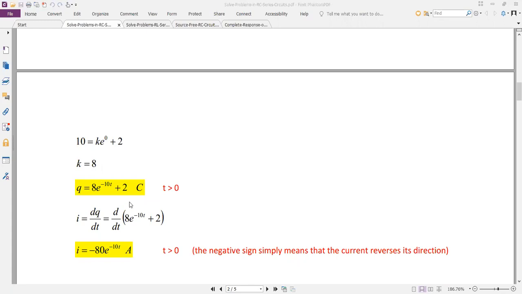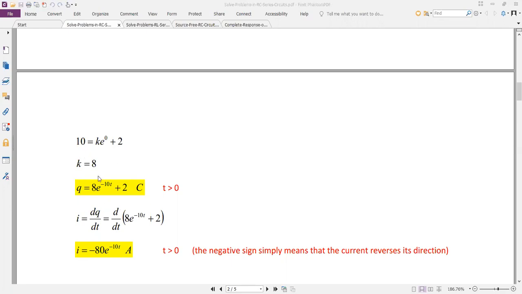So your actual equation for the charge at any particular time in your capacitor, having a unit of coulombs, will be 8 over C. So this should be 8 over C, whatever that C is as given in the problem, which is 0.02, E raised to negative 10T plus 2.